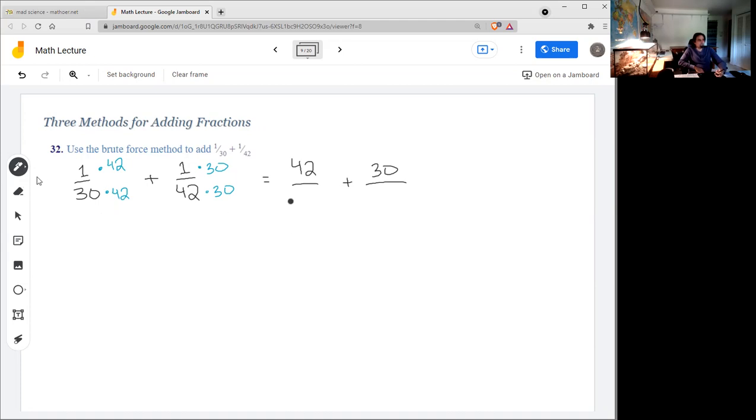So I'm up to 180. No, I'm thinking wrong. 40 30s is 1,200. Let me just write it out and not try and show off in my head. Okay, so 2, 6, 3, 4, there we go, 1260.